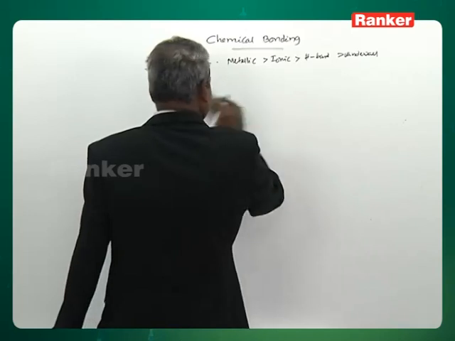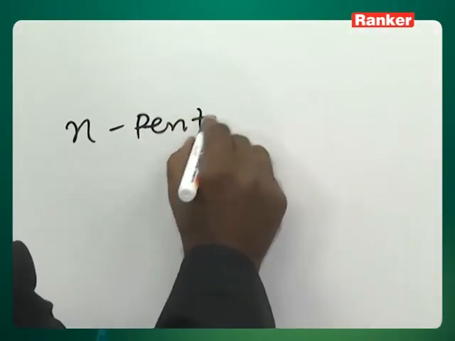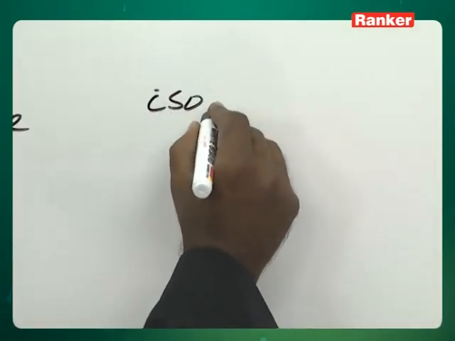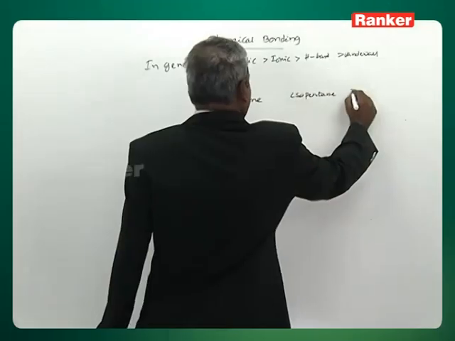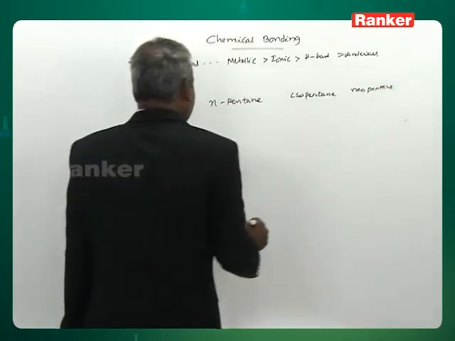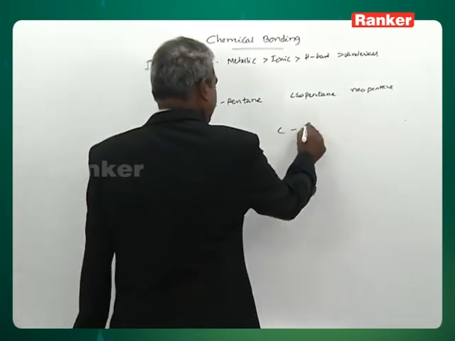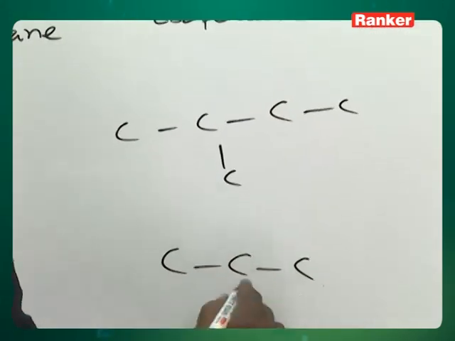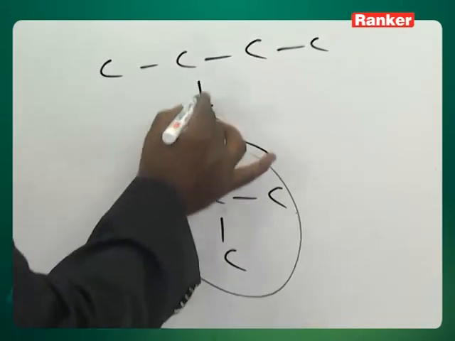So, you have n-pentane, isopentane, neopentane. N-pentane, there is no branch. Isopentane means one branch. This is isopentane and this is neopentane. 5 carbons, but still different.